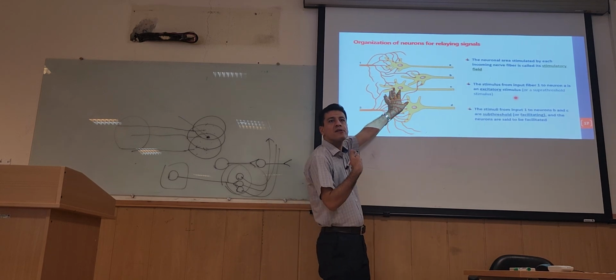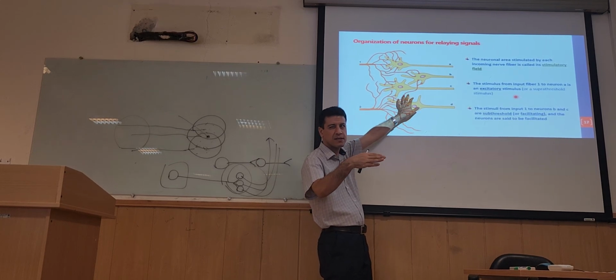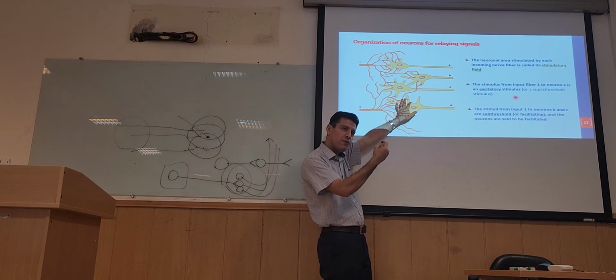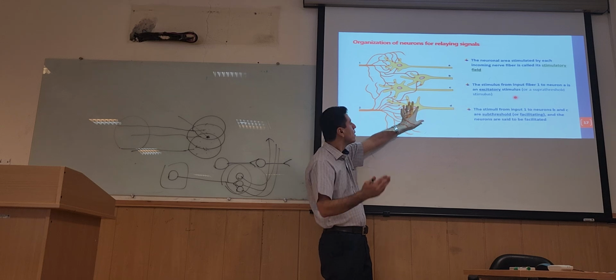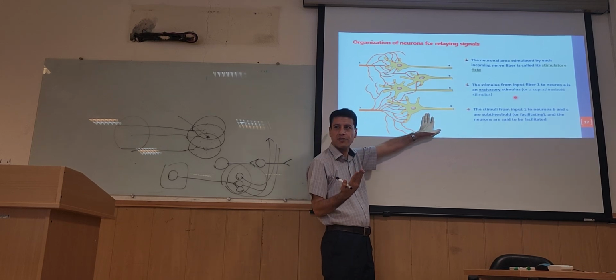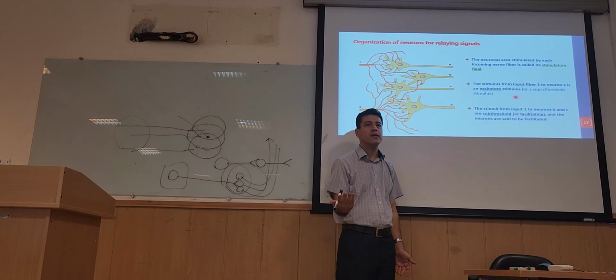They receive only a few EPSPs. Maybe they are activated, but usually because only a few fibers or a few EPSPs, the summation is not enough. So neuron D receives suprathreshold stimulation. Neurons B and C receive subthreshold stimulation.